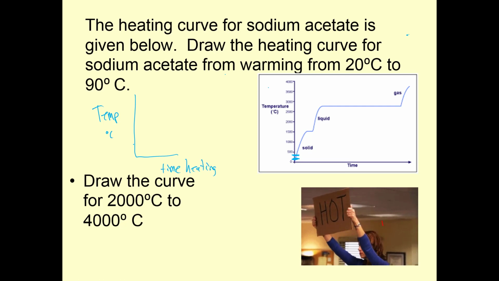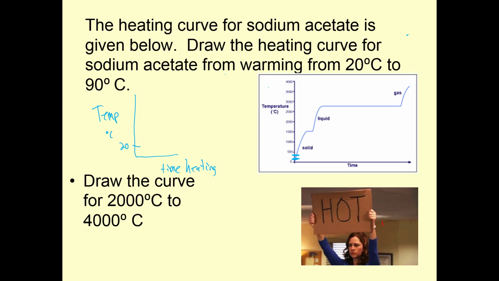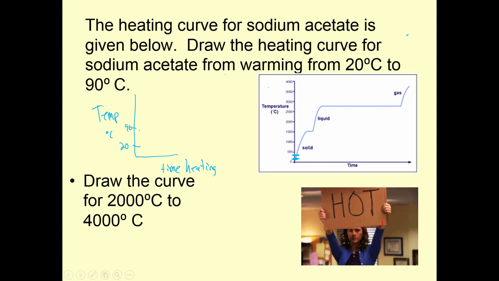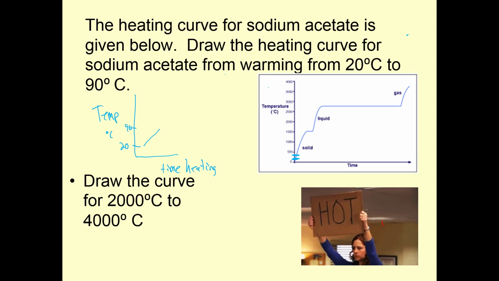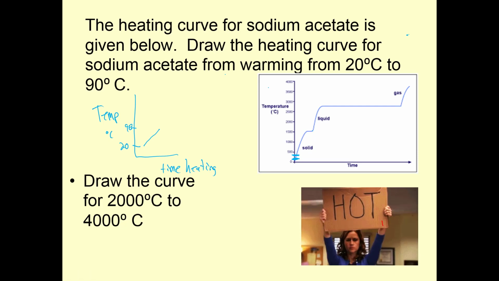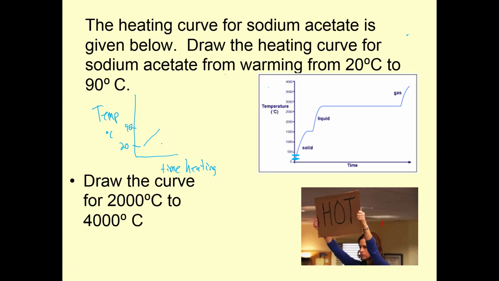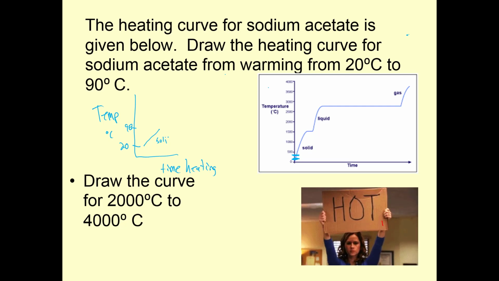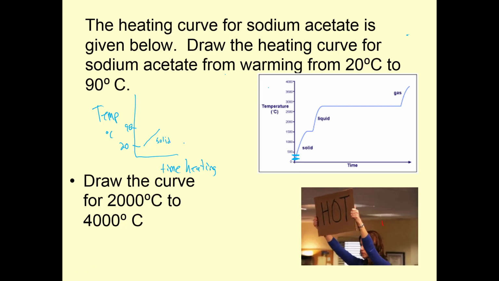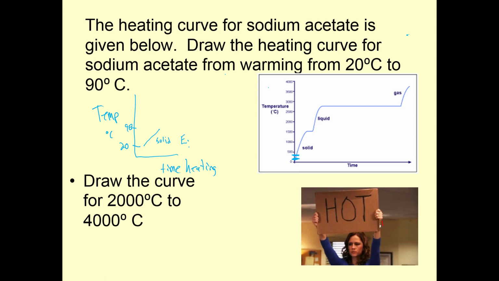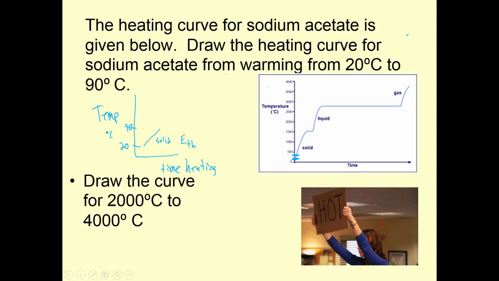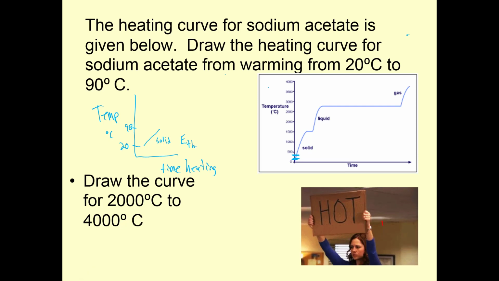Now I know it's going to go from 20, and I know it's going to go to 90. So now I don't have to worry about it changing state of matter, right? And it's going to be a solid all the way through, right? And the energy change here is going to be, it's a slant, so change in temperature, ETH, okay?